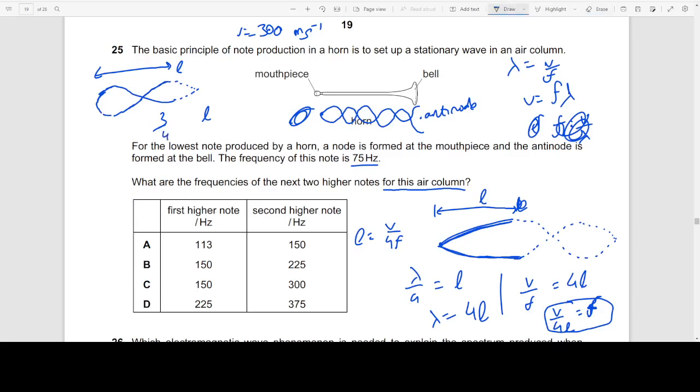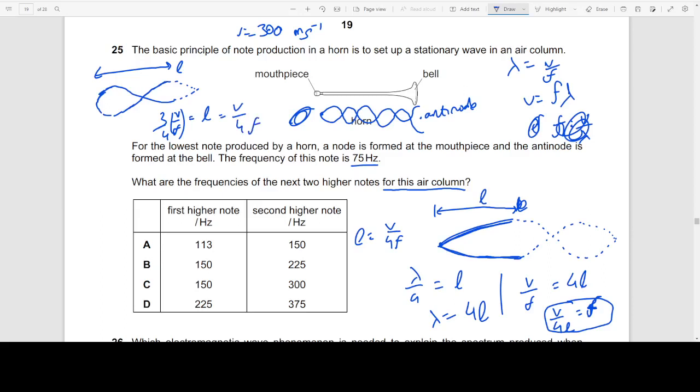So 3 upon 4 lambda, which is v upon f, is now equal to length L, which was initially equal to v upon 4f.